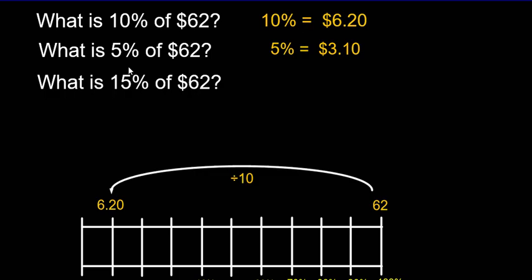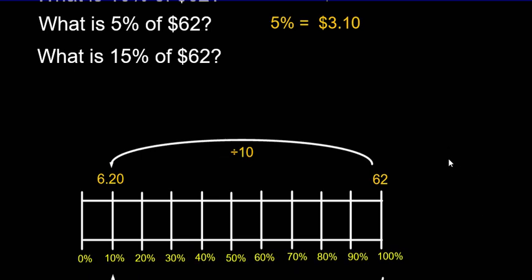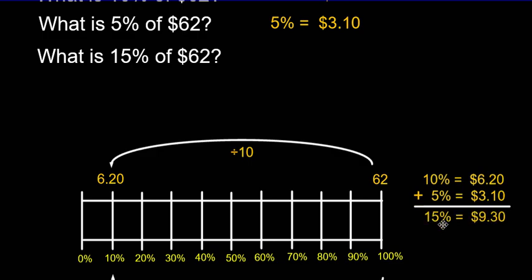If we know 10% and 5%, what is 15% of $62? That's right. You're going to be adding them together. So 10 plus 5 equals 15%. And when we add their corresponding values, we get $9.30.